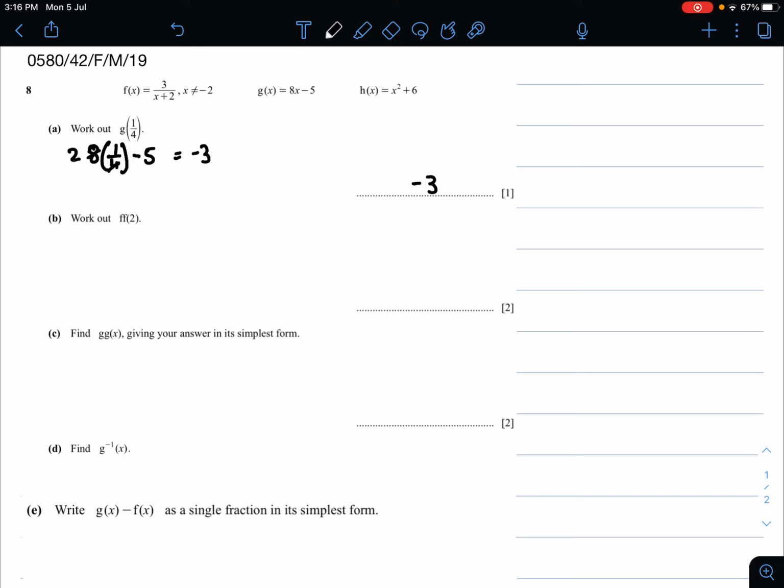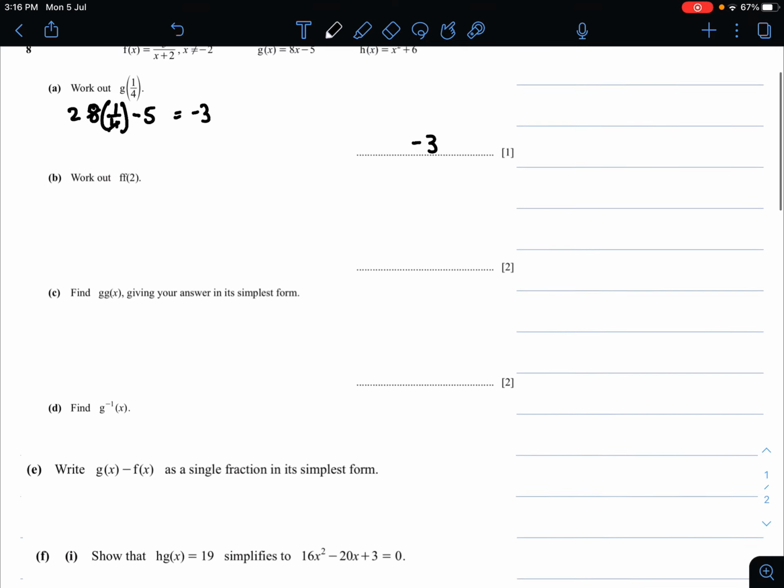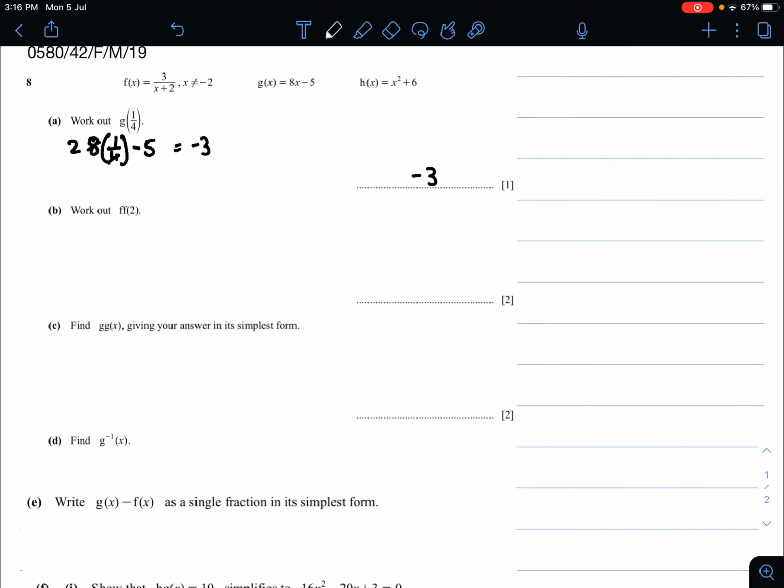Now let's move on to part B. Work out f of 2. So what we have to do here is substitute 2 as x in the f of x function, and then whatever answer we get, we have to substitute as x again in the f of x function.